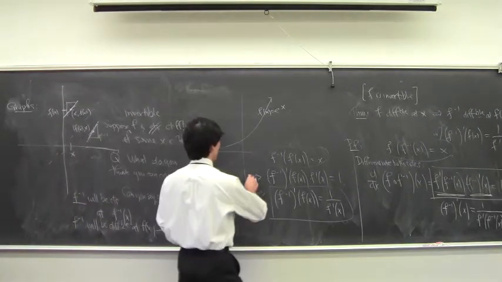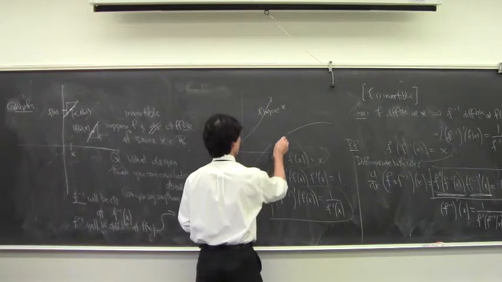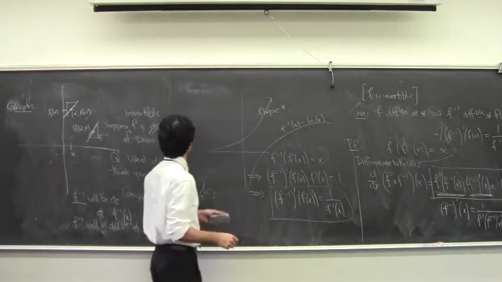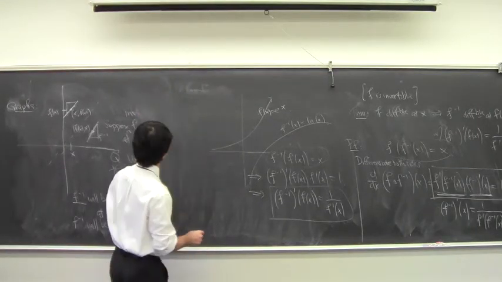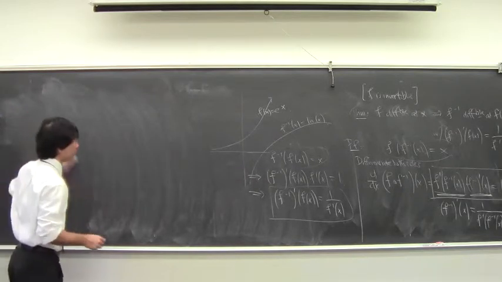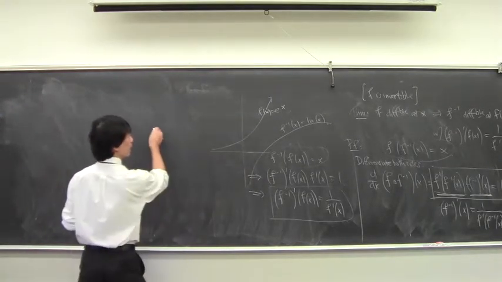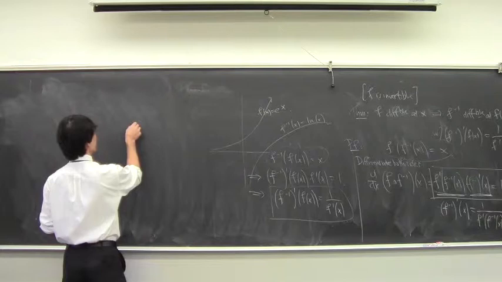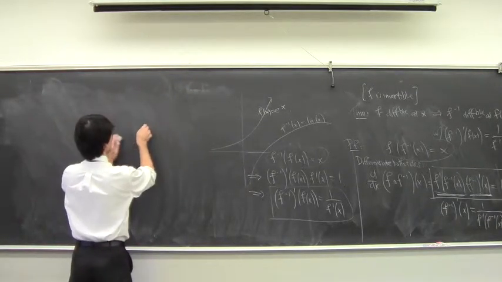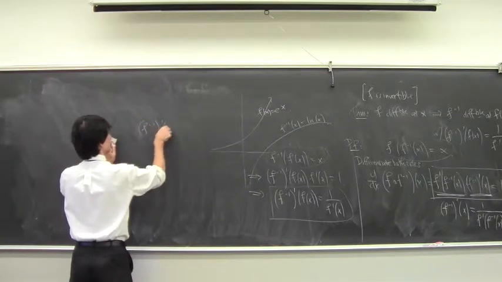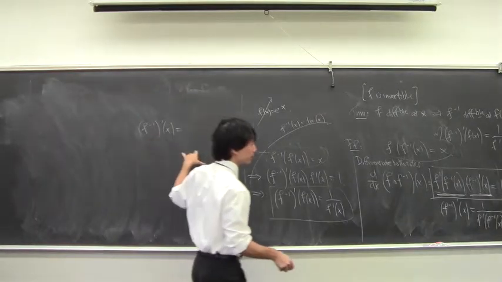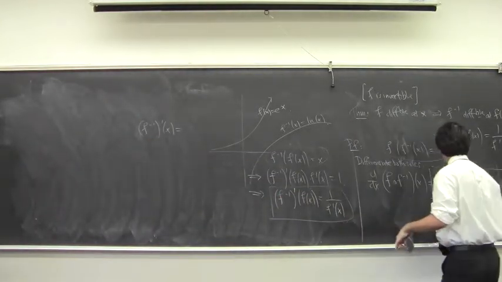Okay, so here's the example. f inverse x is natural log x. So what do we know? We know that the derivative of, what's this going to be? I'll let you work it out.